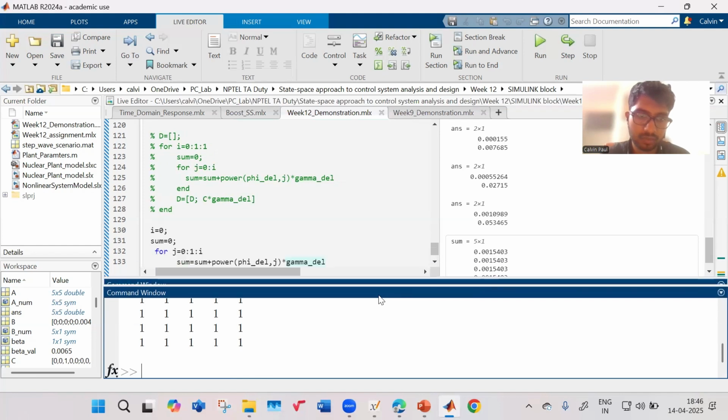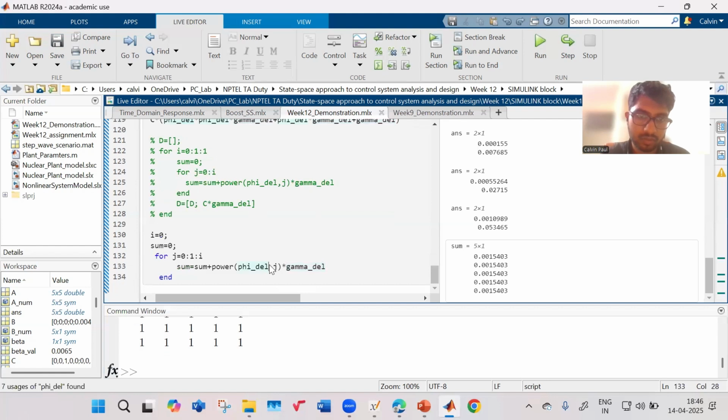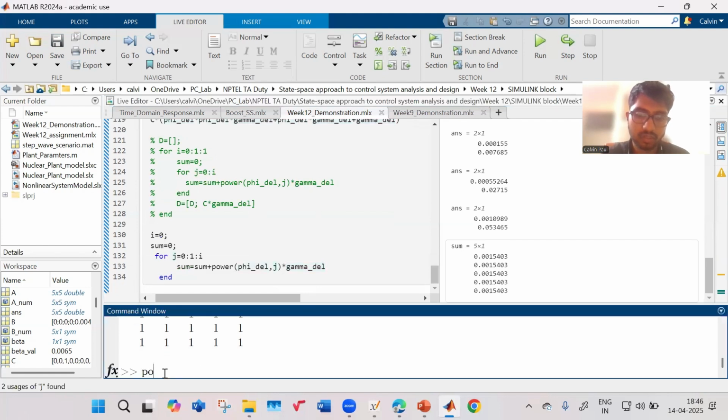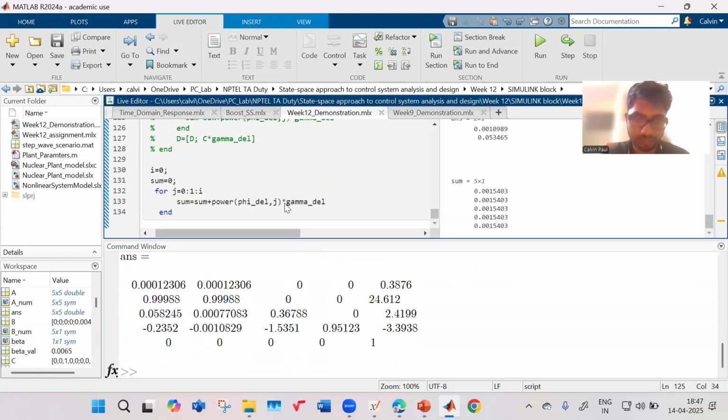This is power of phi underscore del about 2. What is phi underscore del into phi underscore del? It is different. Okay, that is not permissible.